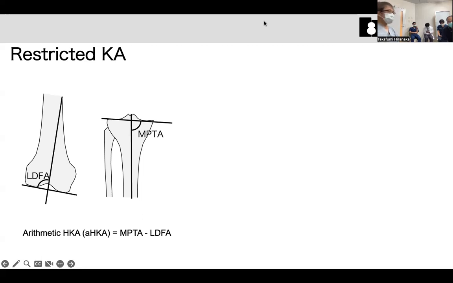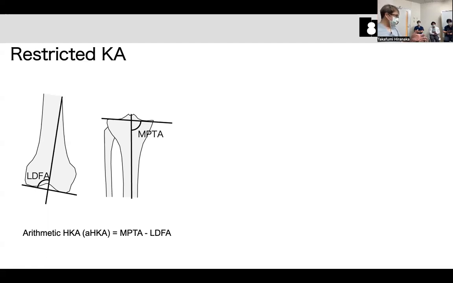In other words, when the LDFA and MPTA are combined, the femur articular surface and the tibia articular surface are parallel to each other. That's why this is the pre-disease, pre-arthritis condition.